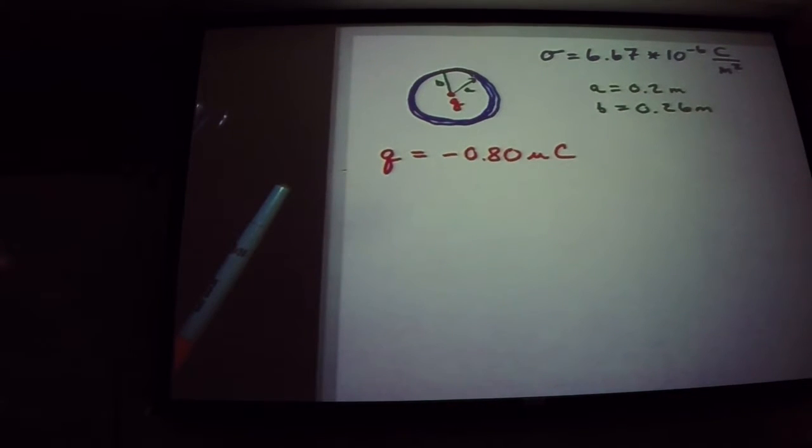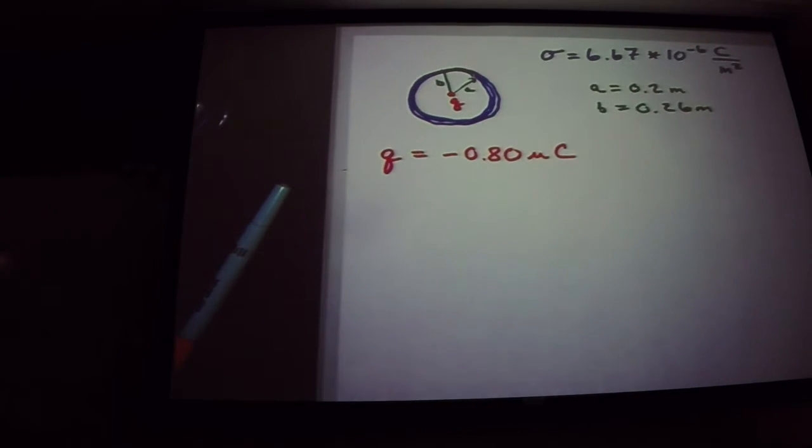So in other words, that sigma is an excess charge that was put onto that sphere. I have a bit of a problem with the way that they worded it, because it seems to me that you would have to know where the charge was in the first place to find out the total excess charge on the sphere, not just the excess sigma, okay?